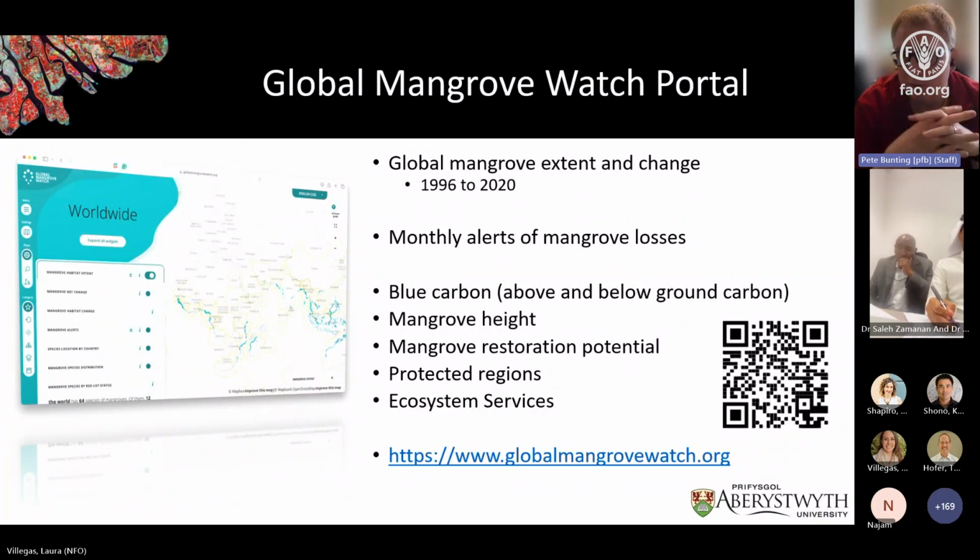And then we have a whole set of other layers, things like blue carbon layers, above and below ground carbon, mangrove height, the restoration potential product that Tom Worthington from University of Cambridge has done, looking at protected areas and other ecosystem services. So that aims to provide this portal of combining lots of global mangrove data sets, such that people can interrogate that and get an overview of what's happening to the world's mangroves. And if we go to the next slide.